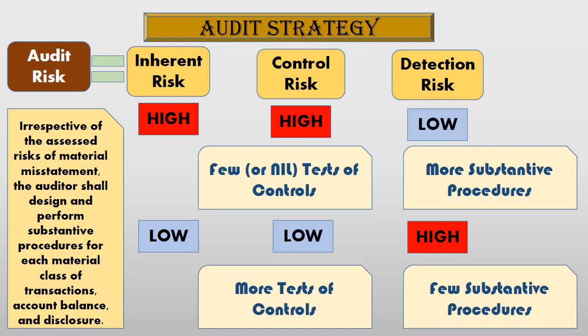If inherent risk and control risk are both low, then we can perform more tests of controls and fewer substantive procedures. Take note that irrespective of the assessed risk of material misstatement, the auditor shall design and perform substantive procedures for each material class of transactions, account balance, and disclosure.